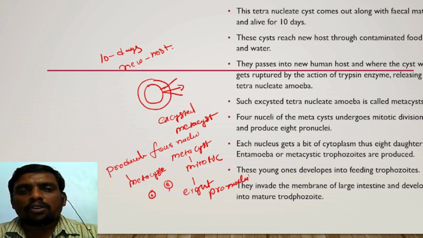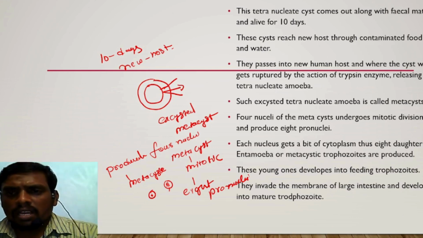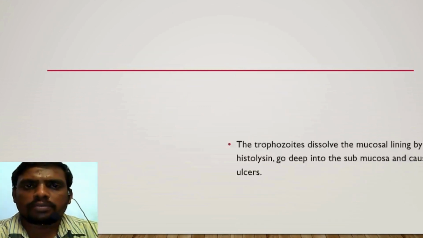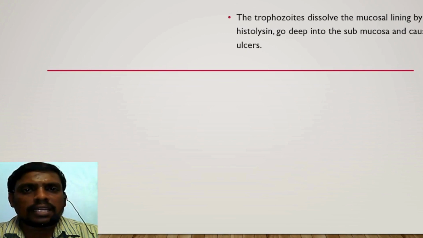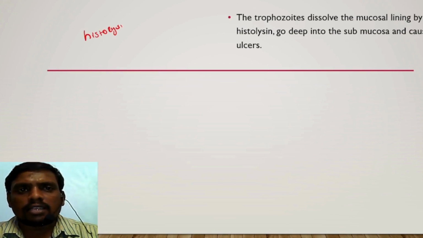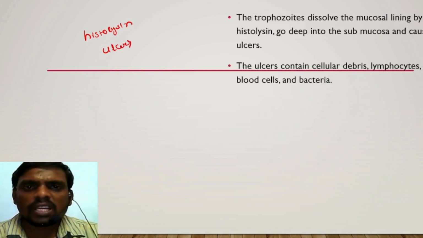They invade the membrane of the mucosa and submucosa and develop into mature trophozoites. Now, the trophozoite dissolves the mucosal lining with the help of histolysin. They go into the deeper layers of the mucosa and submucosa and cause ulcers.